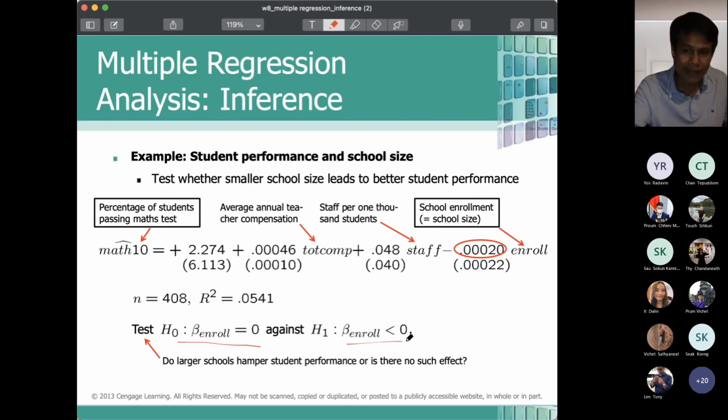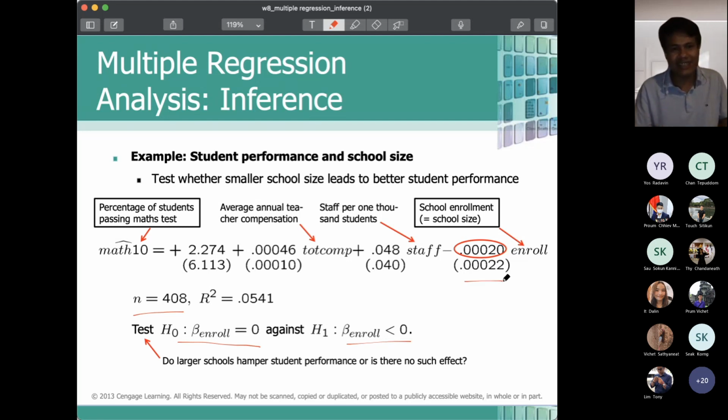For the alternative, you believe that class size negatively affects math score. Class size negatively affects student performance. So here in this example, the number of observations is 408. All right. So now you have the coefficient of enroll and the standard error of enroll.